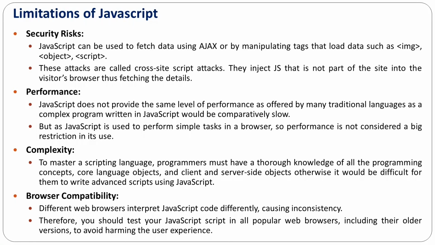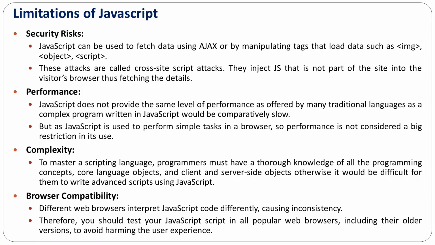Now, apart from the benefits delivered by JavaScript, JavaScript also suffers from a few limitations. Among them, one is the security risk. JavaScript can be used to fetch data using AJAX or by manipulating tags that load data such as image, object, scripts. These attacks are called cross-site script attacks.